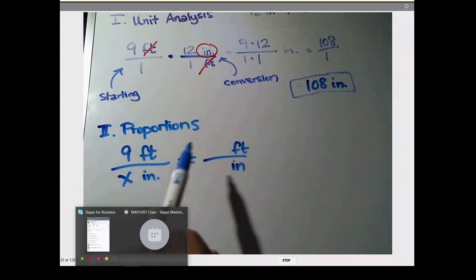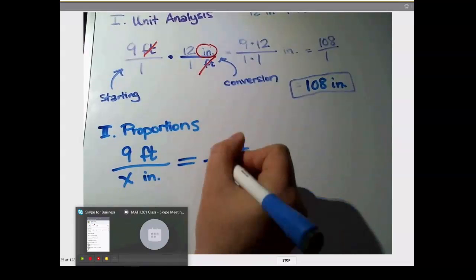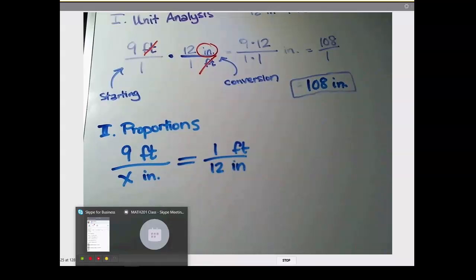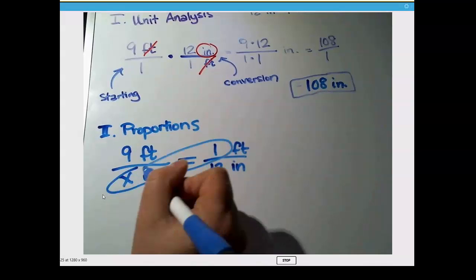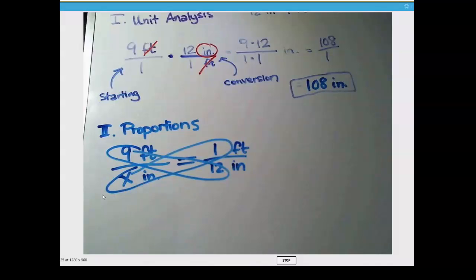Okay, now when I go to fill this in, 12 inches goes down here, equals 1 foot, that goes up there. To solve a proportion, you cross multiply. We looked at that before when we were looking at the percent proportion problems.